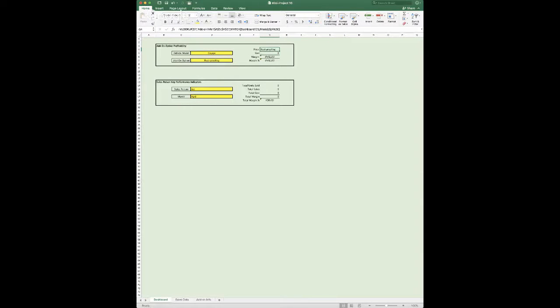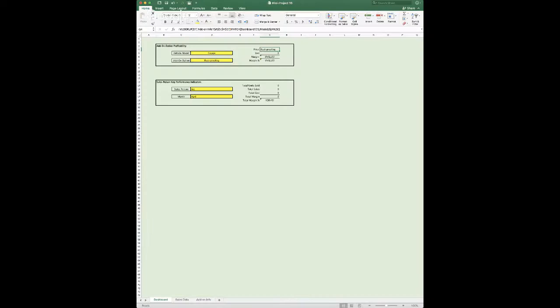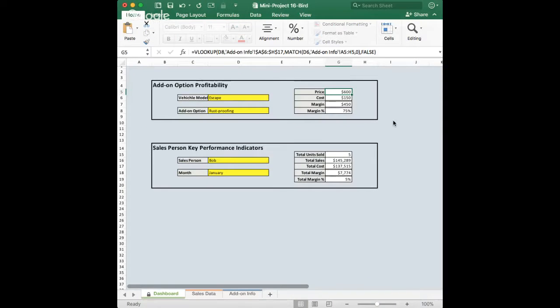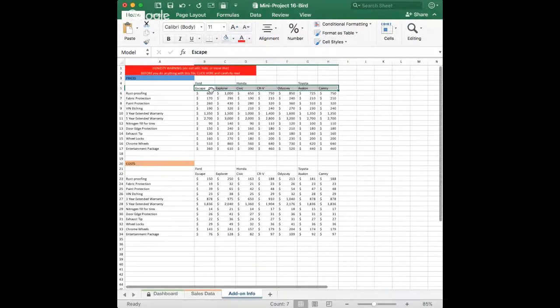Oh, I did something wrong. Yeah, I did the first 3 times too, I think. My price came up as rust proofing. Oh, yes, it did that to me. Okay, I know exactly what it is, and I don't know why. When you grab this array right here, include this box. Really? Okay.